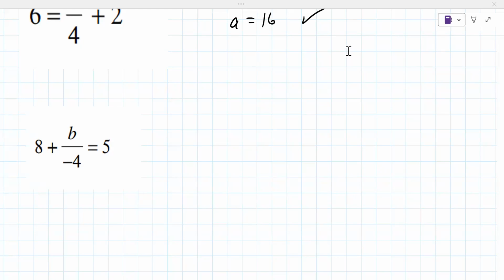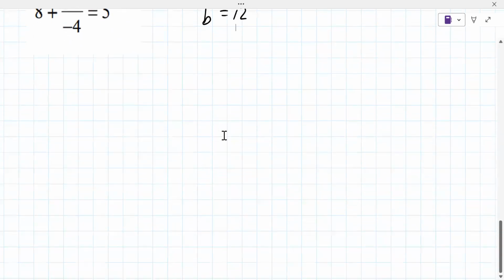This is positive 12. It is positive 12. Good. Okay, so everything we just did there was considered solving two-step equations.